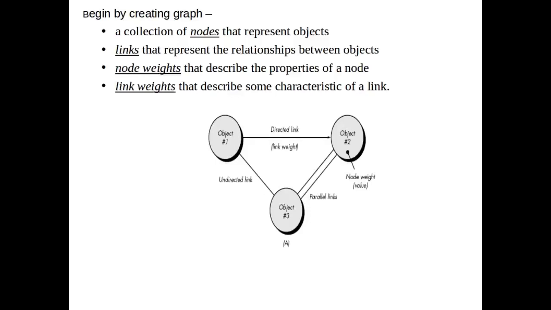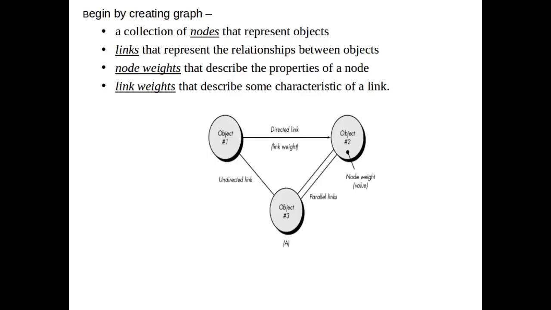The symbolic representation of a graph is shown here. Nodes are represented as circles connected by links that take a number of different forms.